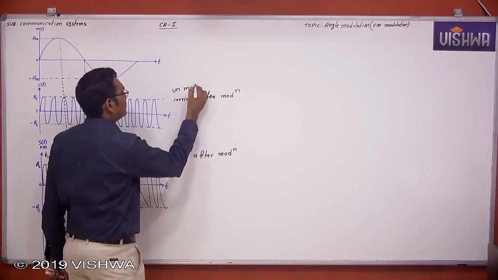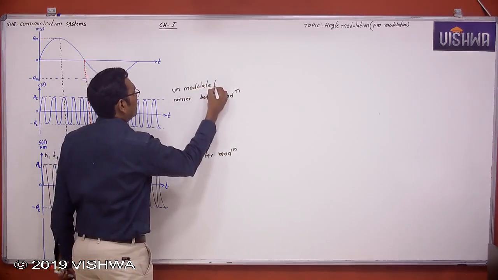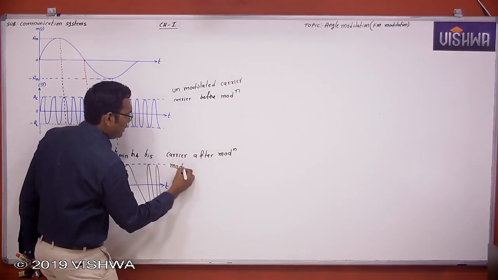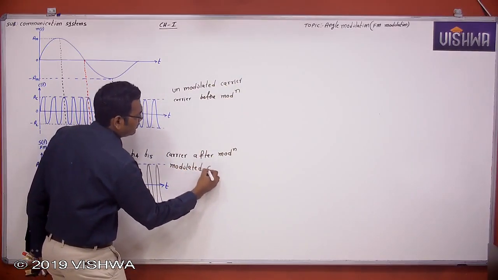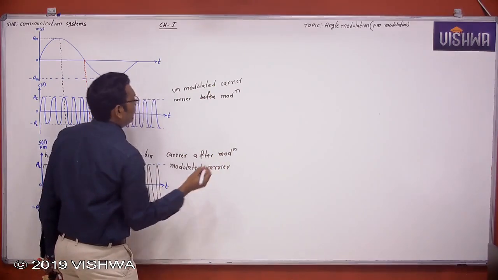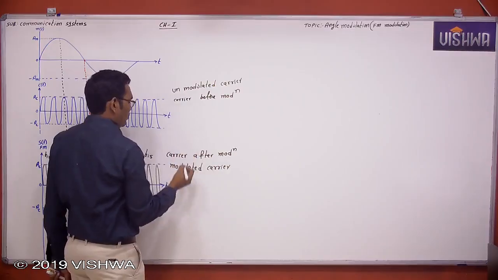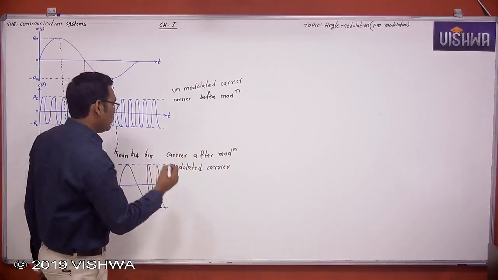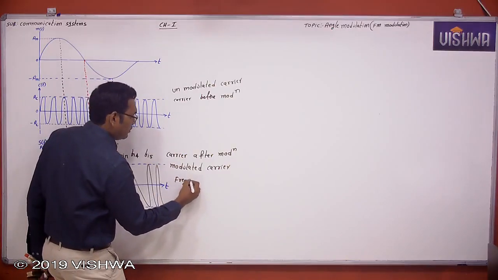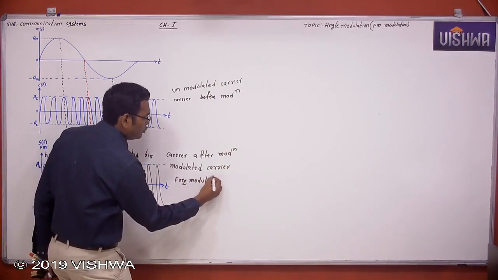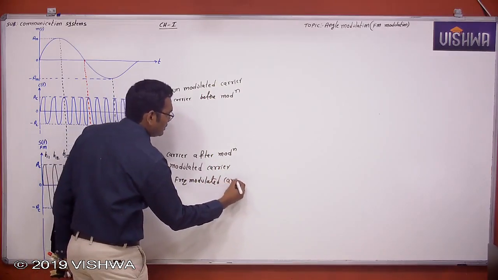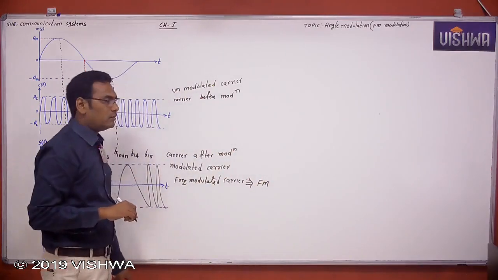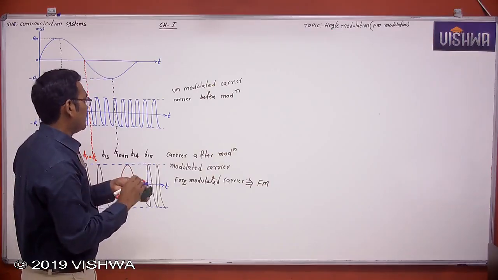Unmodulated carrier, modulated carrier. Now this is carrier before modulation. Which modulated carrier? Frequency modulated carrier. This is frequency modulated carrier, which is nothing but FM, frequency modulation.